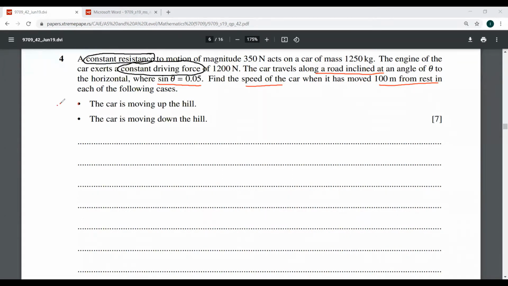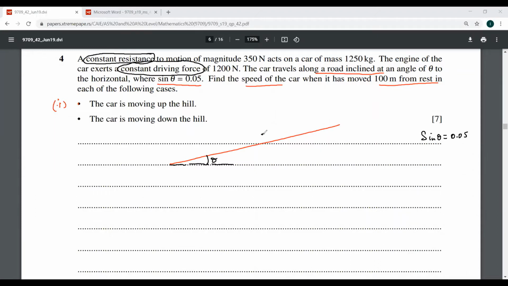Okay, so let's call this the first part. Now, here is that hill, and this is inclined at an angle theta. We have been given that sine theta is 0.05.